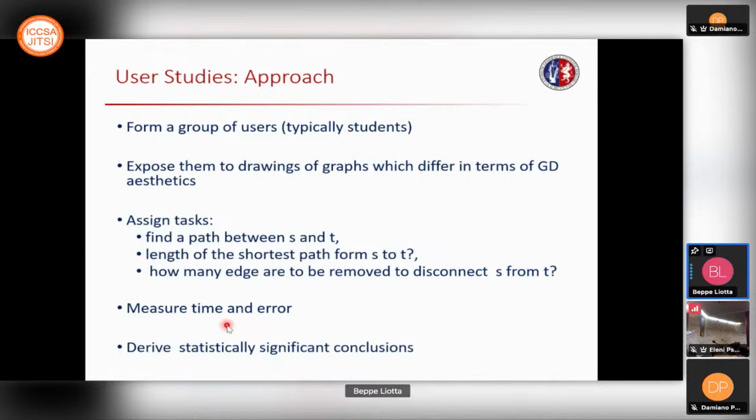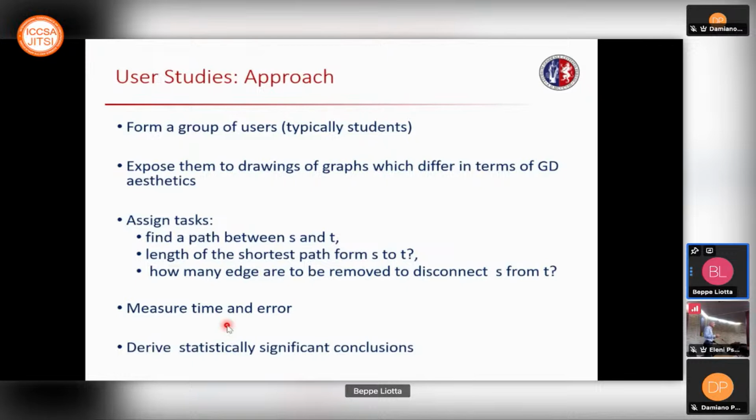So here is a drawing with more crossings. Here is the same graph with fewer crossings. Then you assign your students some tasks. For example, I highlight in both drawings a pair of vertices, the same pair of vertices there, and I ask you, can you find a path? Is there a path? And then you measure time and error.